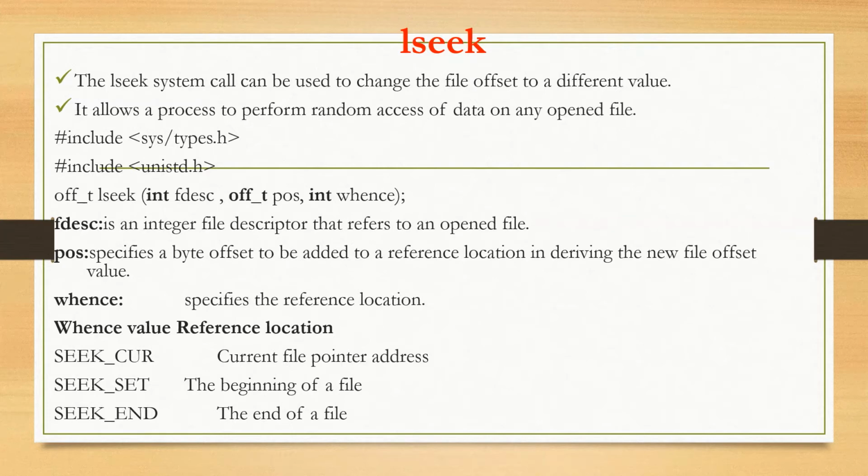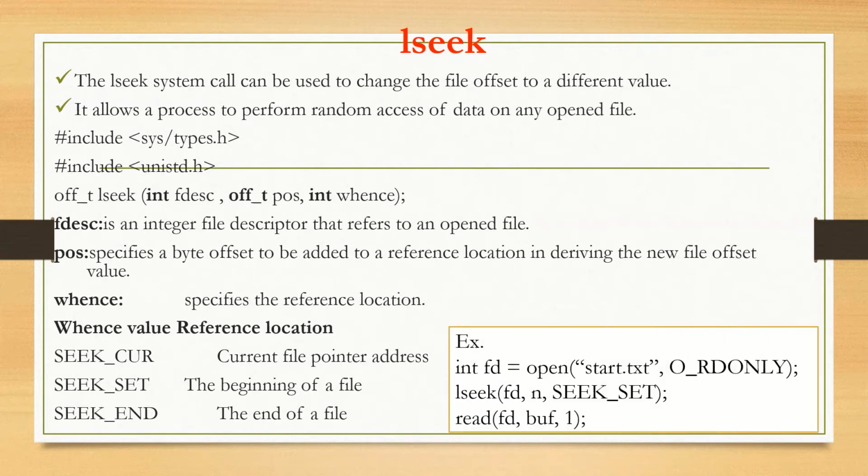If an lseek will result in a new file offset that is beyond the end of file, two outcomes are possible. One is if the file is opened for read only, the lseek will fail. If the file is opened for write access, lseek will succeed and it will extend the file size up to the new file offset address.